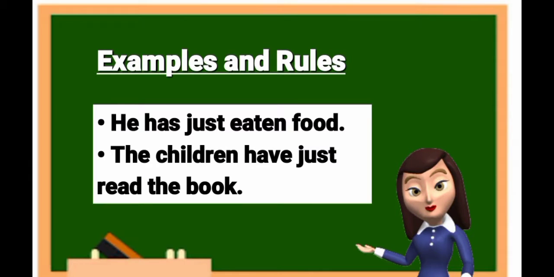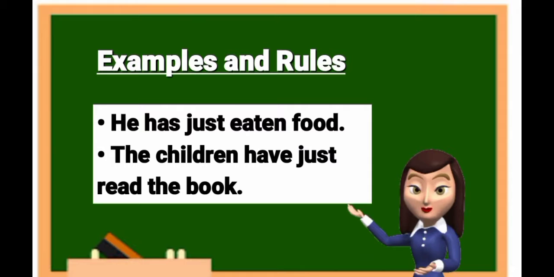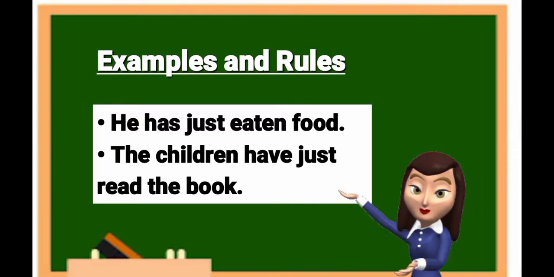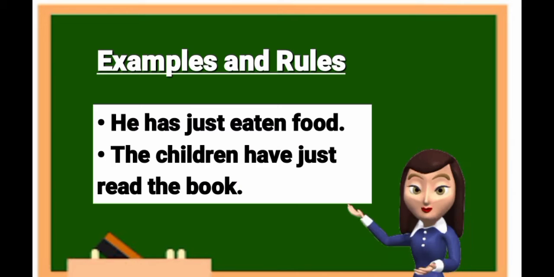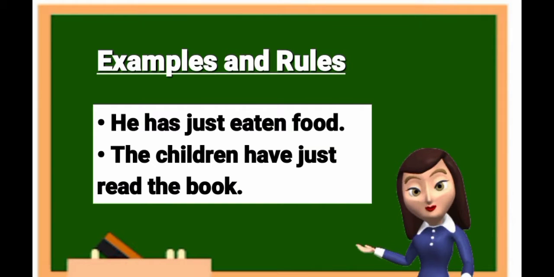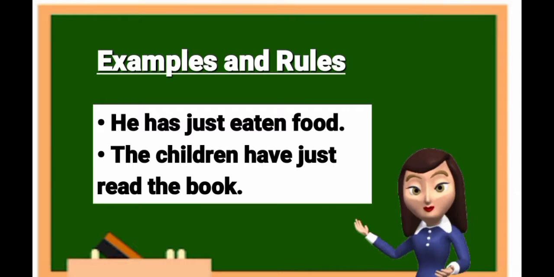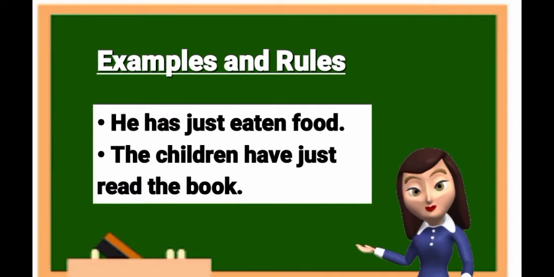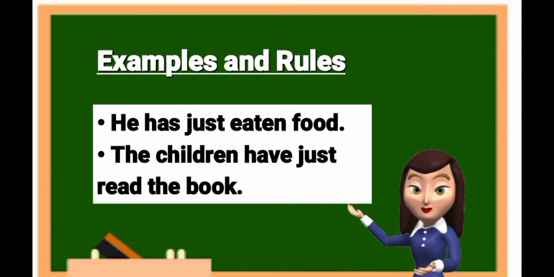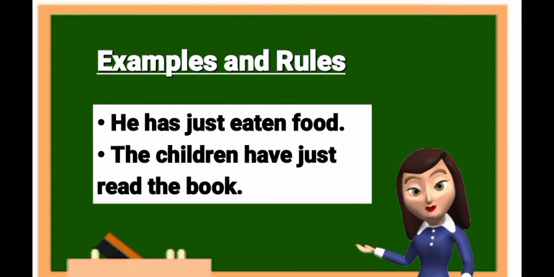So here are the examples of present perfect tense. He has just eaten food. The children have just read the book. So the first example is: he has just eaten food. So the person started eating the food in the past. So nag-start na siya kaon in the past, but it is finished by the time of speaking in the sentence.